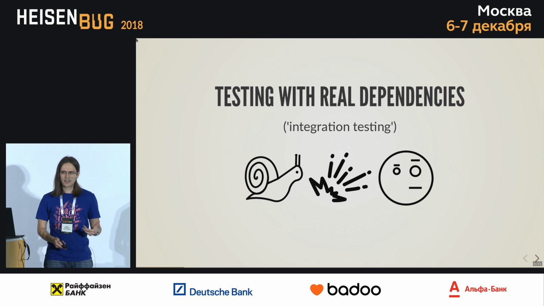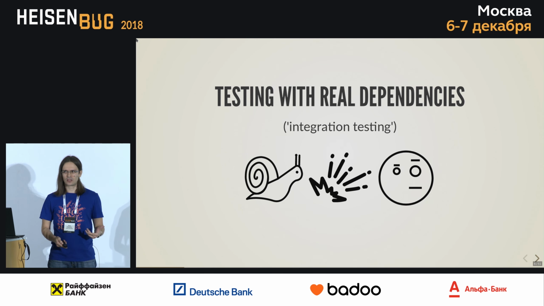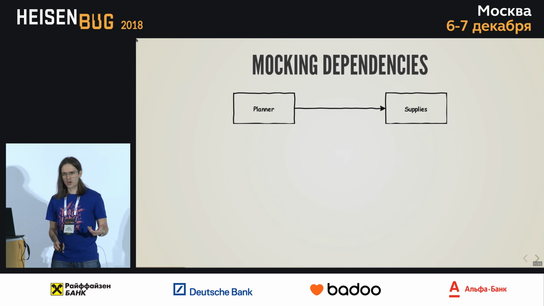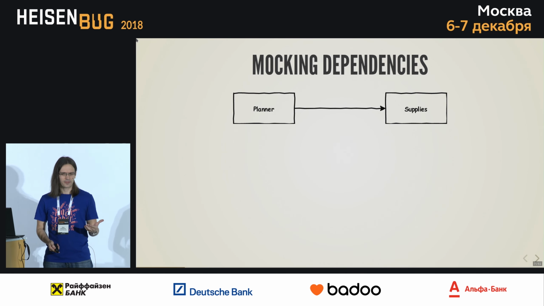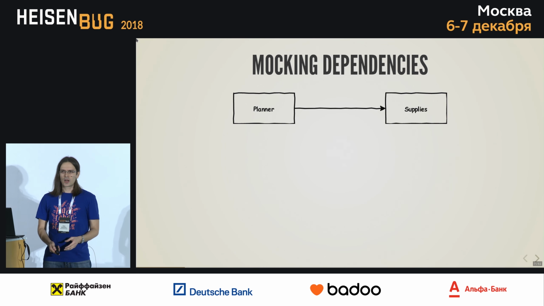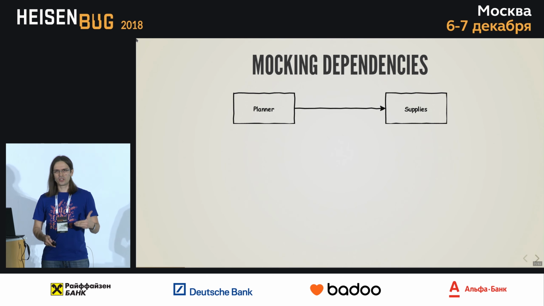We want to give teams more autonomy, make them independent of other teams, so we can mock dependencies. If we have services like this connected in production, during our testing we will substitute one of those services.